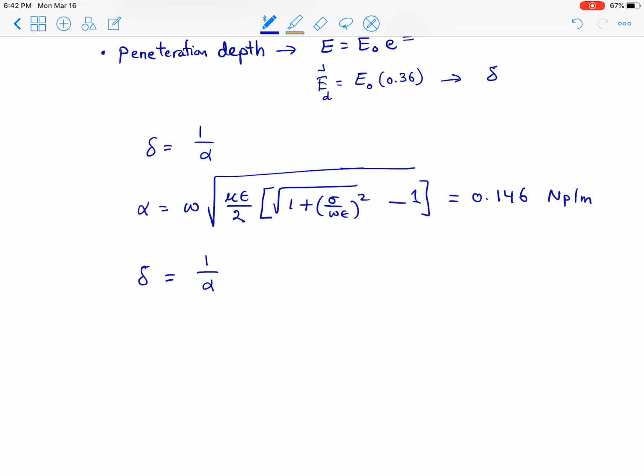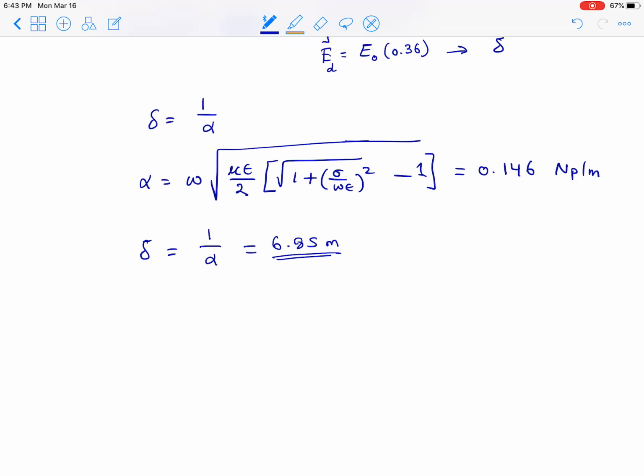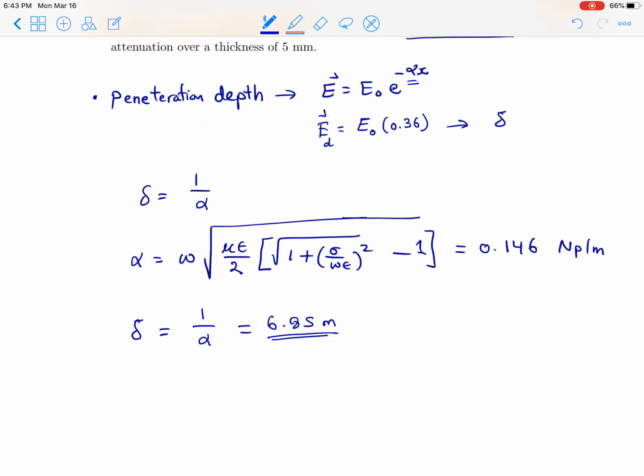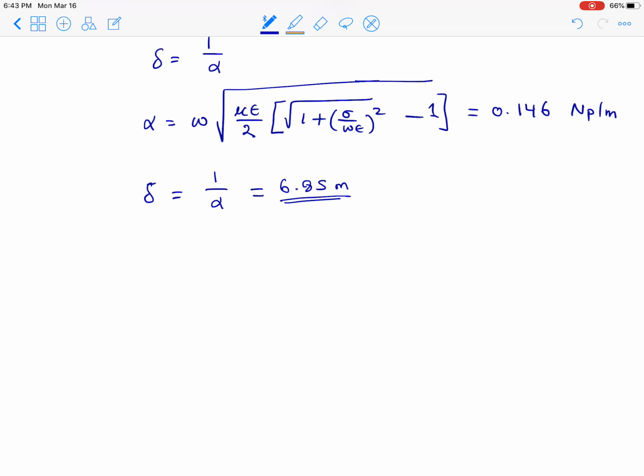So delta will be 1 over alpha, which is 6.85 meters. This value says that if the wave propagates 6.85 meters inside the material, then it's going to lose 63% of its original magnitude.